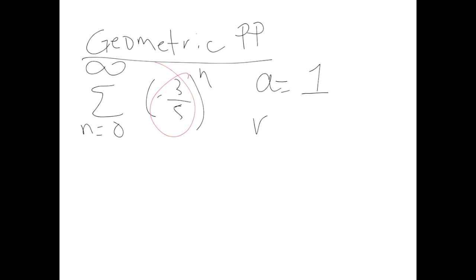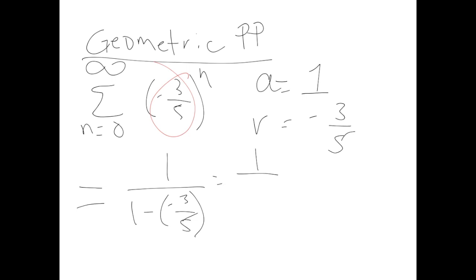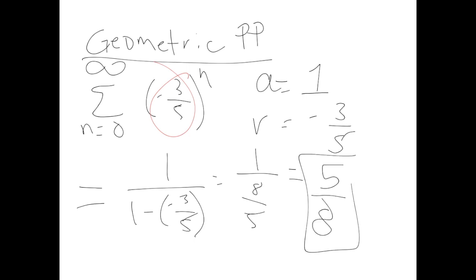So in this case, r is equal to negative 3/5. So this is going to equal 1 over 1 minus negative 3/5, which is 1 over 8/5 or 5/8. Sweet. And if we look on a graph, we'll see that this is going to approach that 5/8 mark.